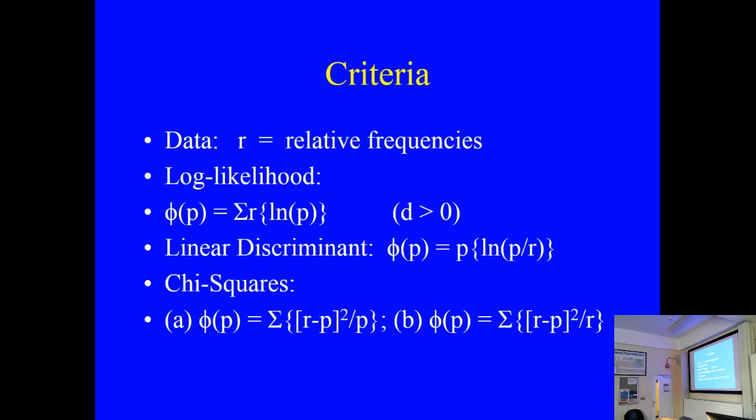The data, we're talking about contingency table data, so it's appropriate to standardize the data from observed to relative frequencies. The normal criterion would be the log likelihood, but another criterion that's occurred in the literature is a linear discriminant one, and others again are chi-square type criteria.